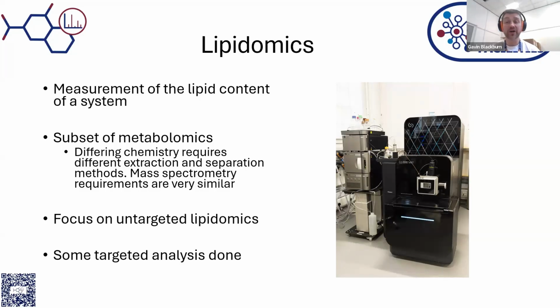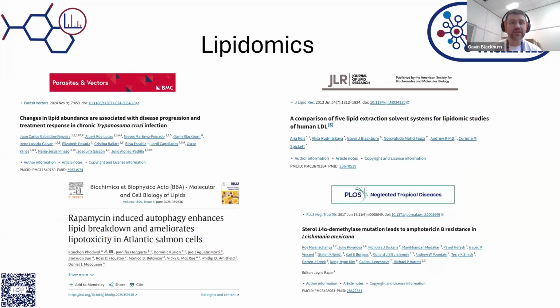And we do have some targeted analysis, particularly for things like sterols. We have some targeted analysis for fatty acids as well, things that don't necessarily come off very well within our untargeted methods. In terms of lipids, we've looked at change of lipid abundance in parasites.